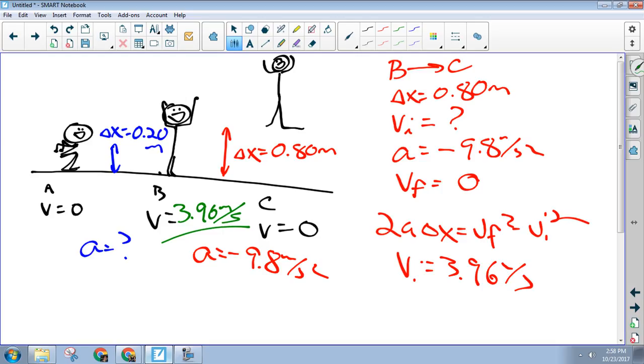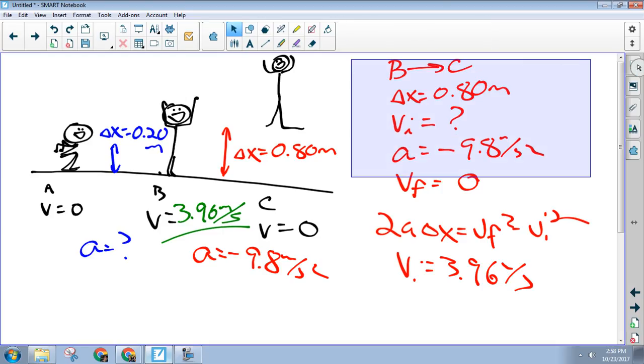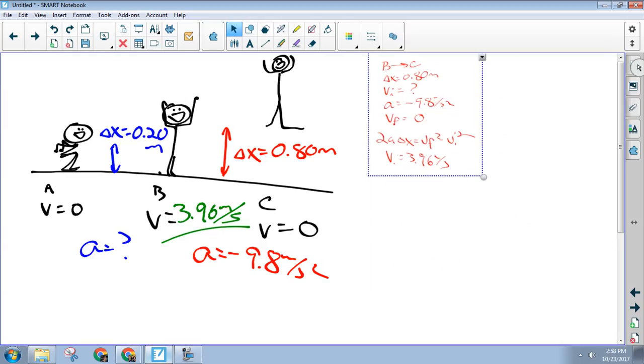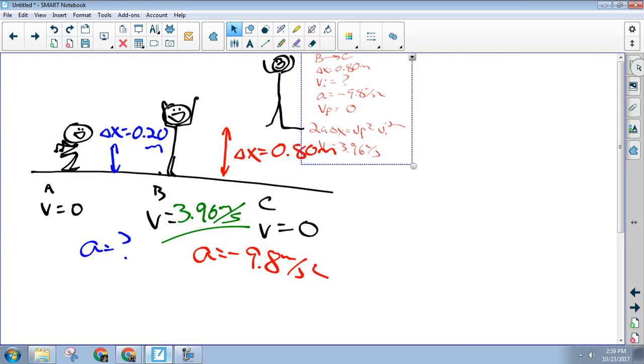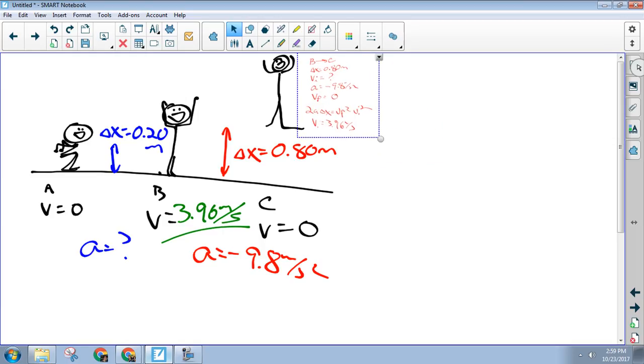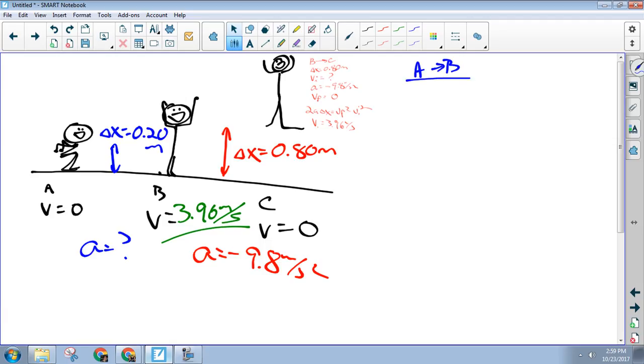Okay, so now let's do this. All right, so now from A to B, what's the stuff we know? Well, we know that our initial velocity is 0.